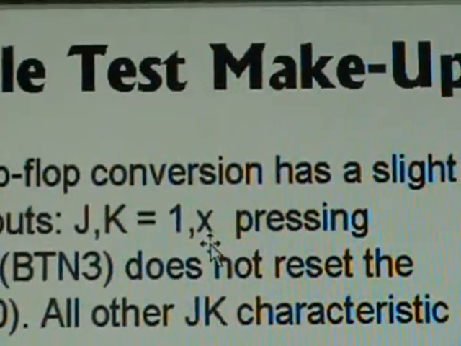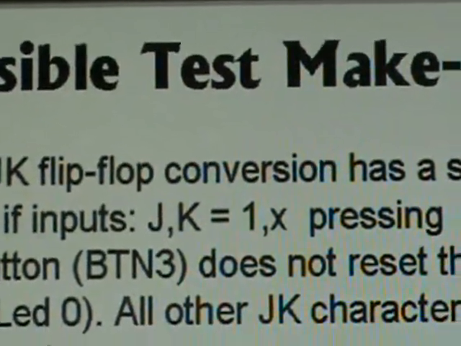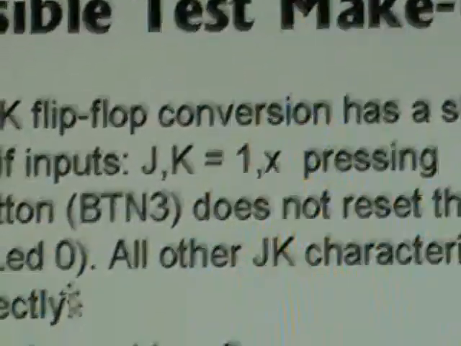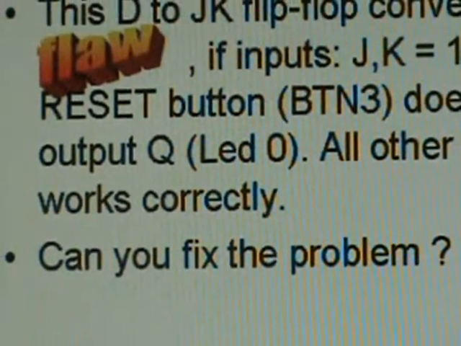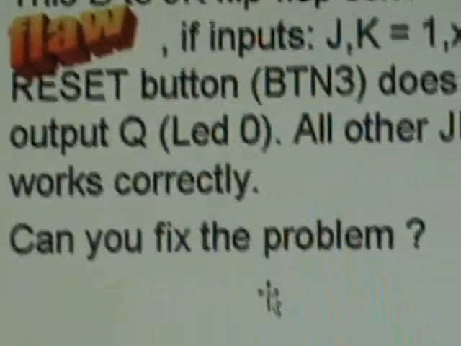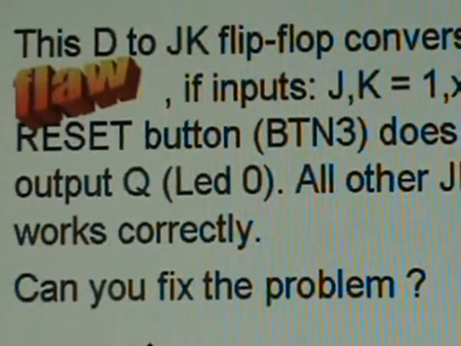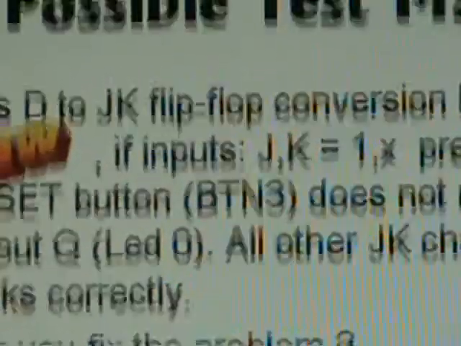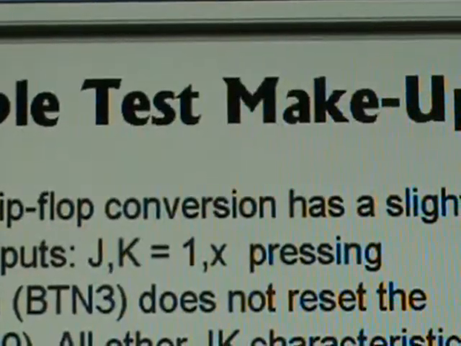You will find out if the input JK is high and anything for K, pressing the reset button does not reset the Q output line, that is connected to LED 0. While all the other characteristics of a typical JK work quite correctly. And I was proposing here maybe you can fix the problem. If you can, then this is qualified to serve as one of the possible 4 assignments that you're required to do.